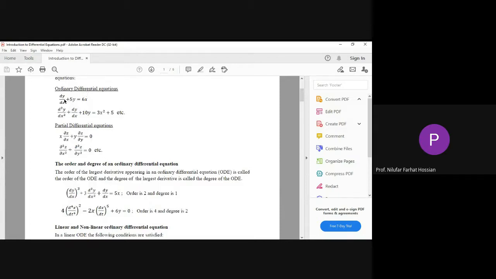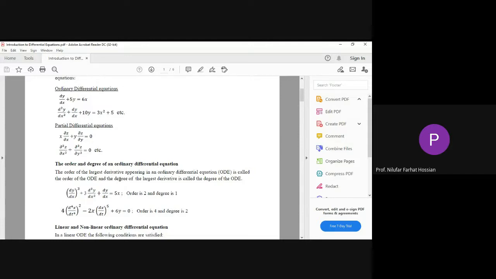Will you please tell me what is the order of this derivative? First order. So the order of this equation will be 1, because there is only one term containing the derivative, and this derivative has order 1 because it is a first order derivative.